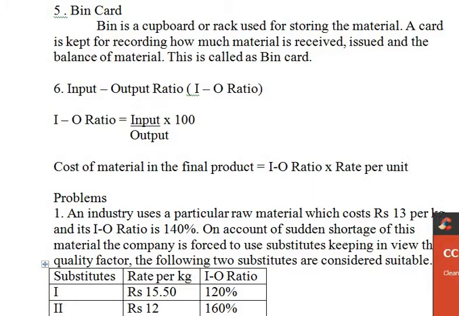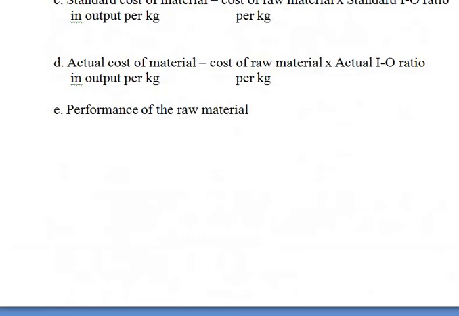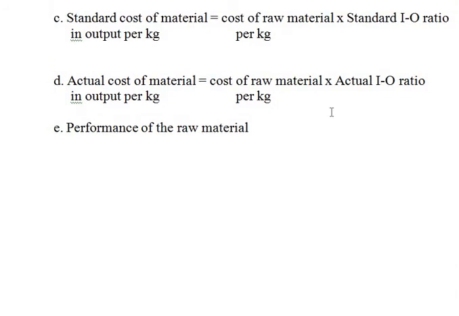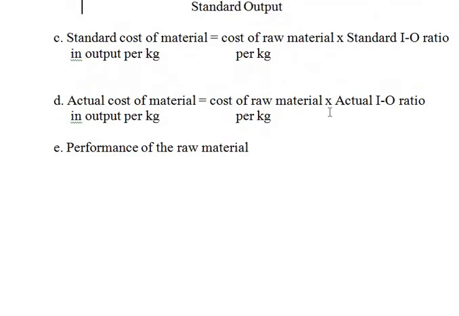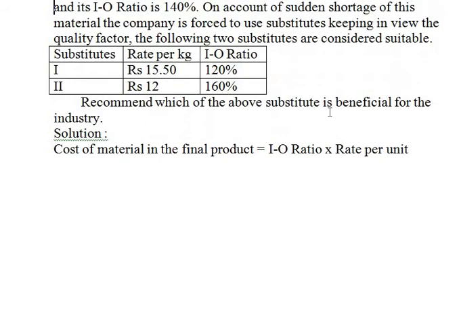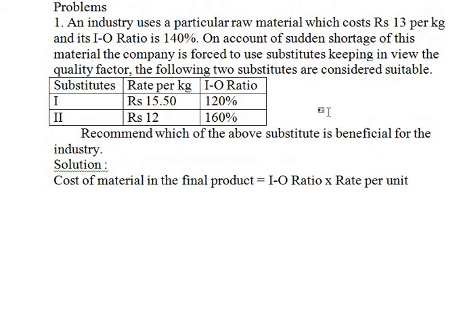Now I'll read out the problem first. An industry uses a particular raw material which costs rupees 13 per kg and its input output ratio is 140%.